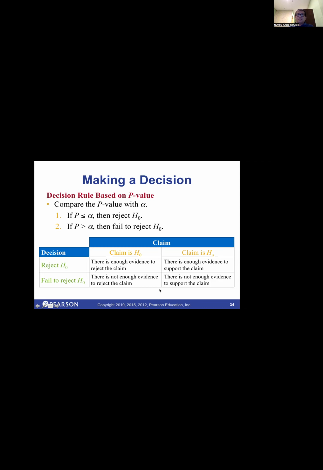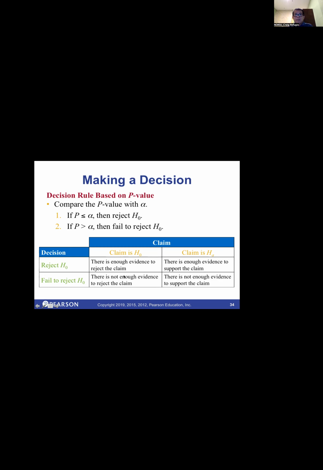The other variation for this case is that enough evidence is being replaced by sufficient evidence. It can be enough evidence or sufficient evidence. There is not enough evidence to reject the claim.